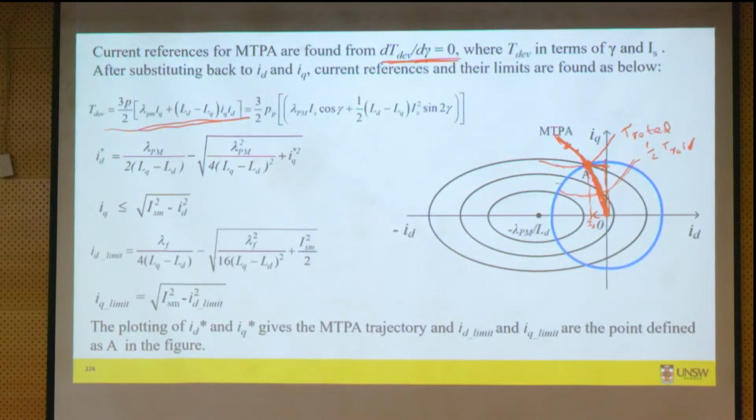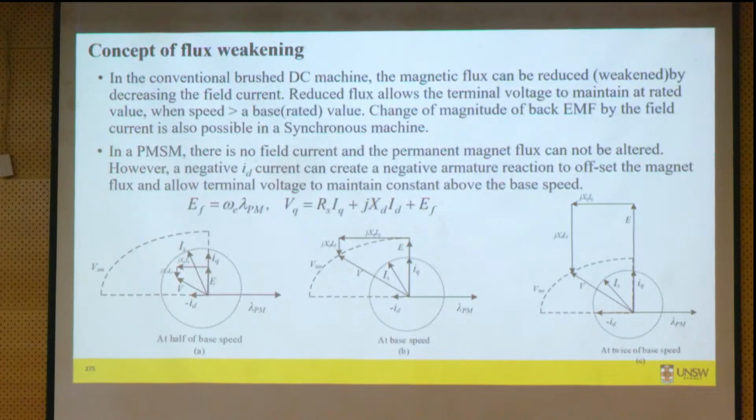So next, if we want to go to flux weakening, what will we need to do? The concept of flux weakening we may understand from here. In your voltage equations, when speed increases, the major term that increases is your back EMF, EF.